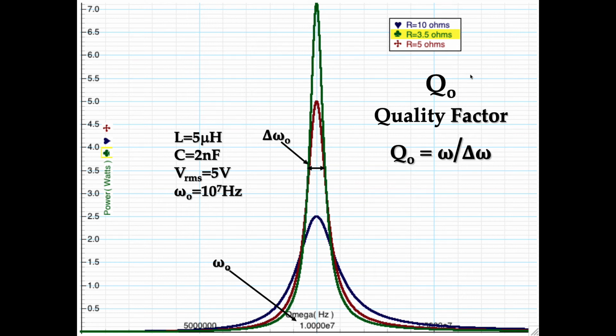The quality factor is omega naught over delta omega. The narrower the peak, the greater the quality factor. So imagine if you're designing a circuit to tune to a radio station, would you want the quality factor to be high or low? You want it to be really high, right?